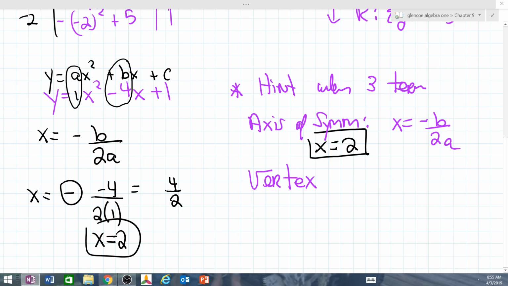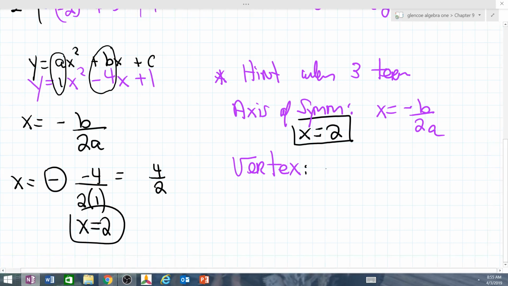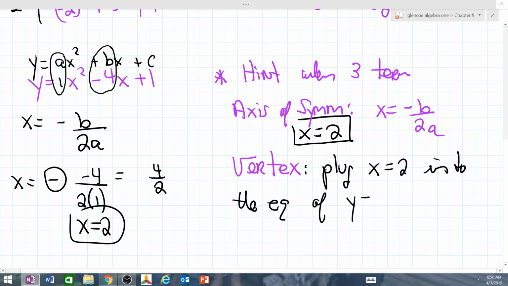Now we're going to find the vertex. To find the vertex, we plug x equals 2 into the equation of y equals x squared minus 4x plus 1, and solve for y.